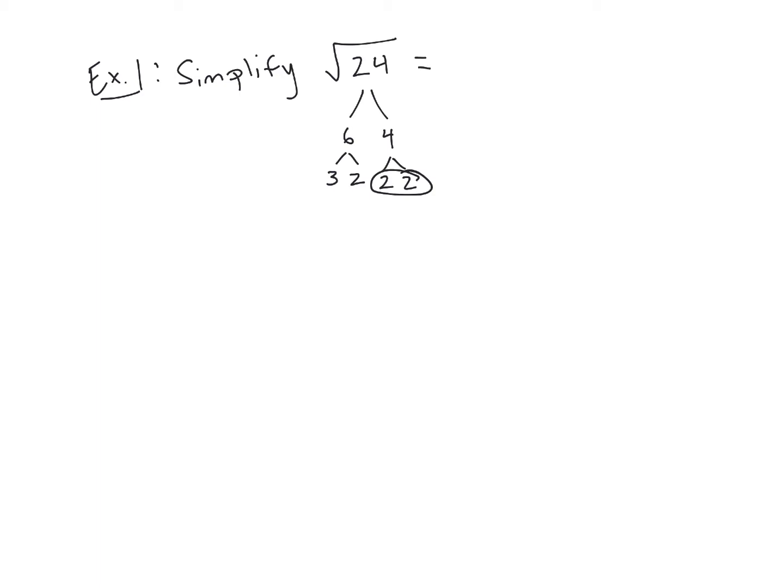And a pair is going to make a 2 on the outside of the radical. Numbers that are left without a partner, like 3 and 2, there's no second 3 to pair with and no second 2 to pair with. So we're left with 3 and 2 on the inside. So we're left with 2 square root of 6.